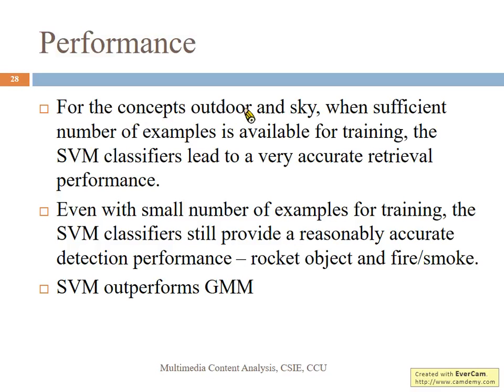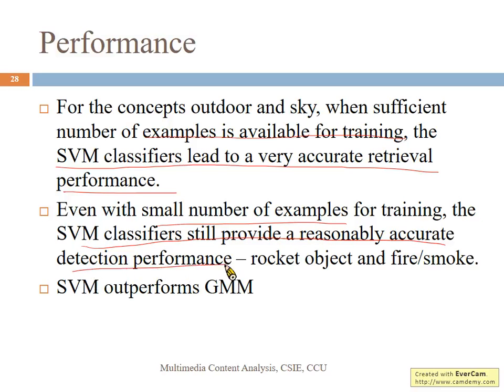For the concepts outdoor and sky, when a sufficient number of examples is available for training, the SVM classifier leads to very accurate retrieval performance. Even with small numbers of examples, the SVM classifier still provides reasonably accurate detection performance for rocket and fire smoke. So SVM outperforms Gaussian mixture model in modeling static visual concepts.